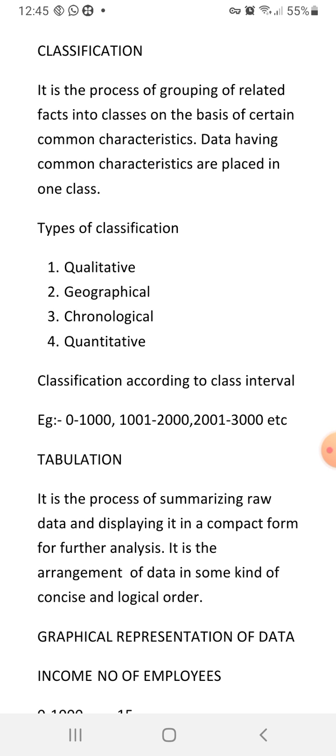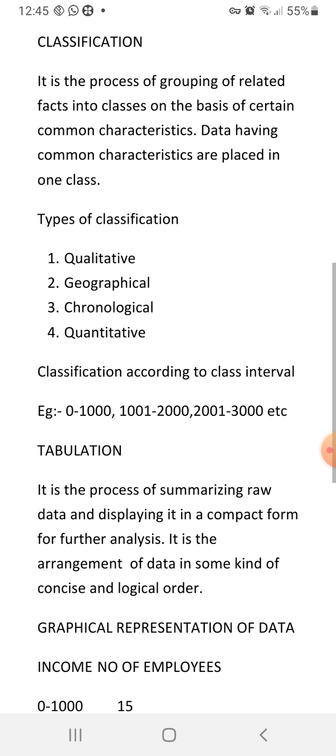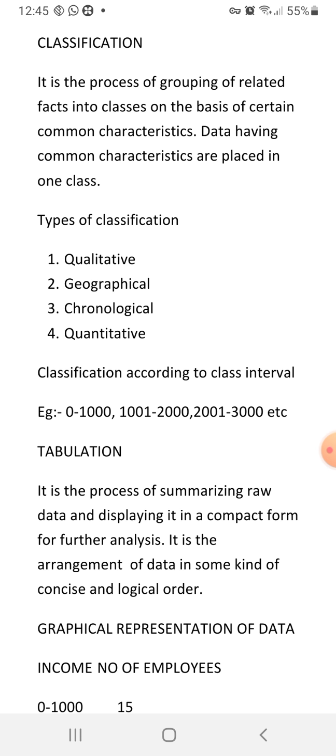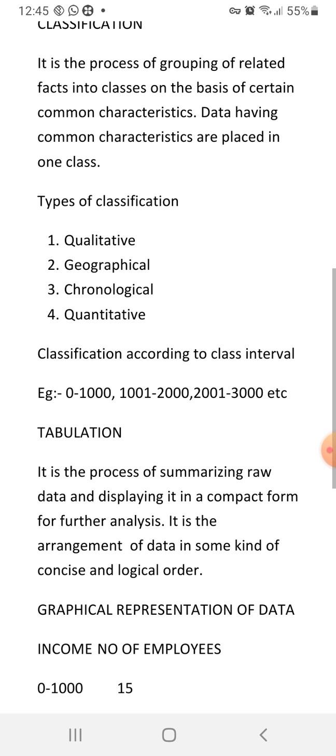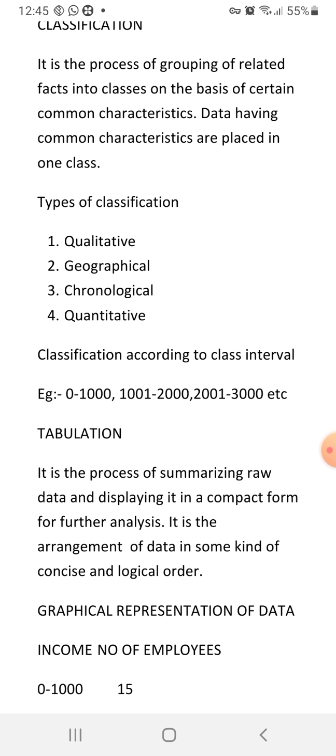There are different types of classification. Qualitative: quality of a particular product, or quality of your response, quality of performance, like high, less than, low, medium, high, like that.